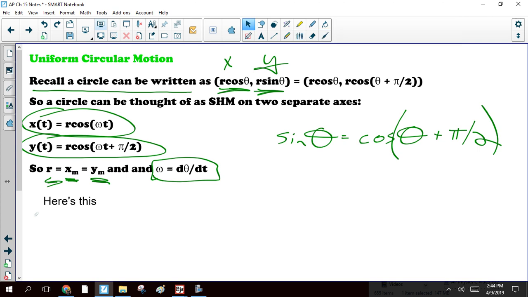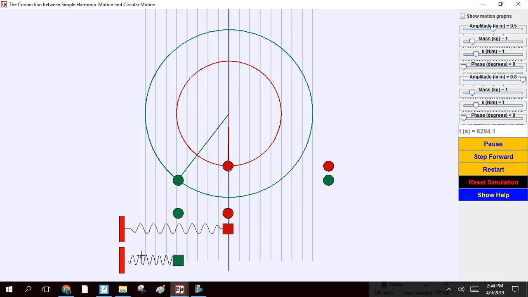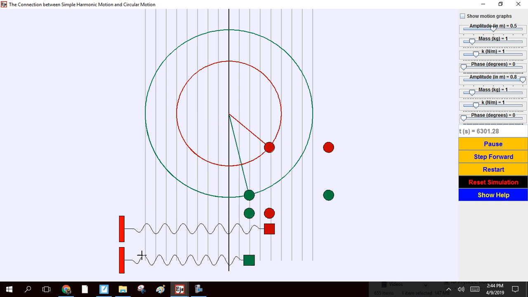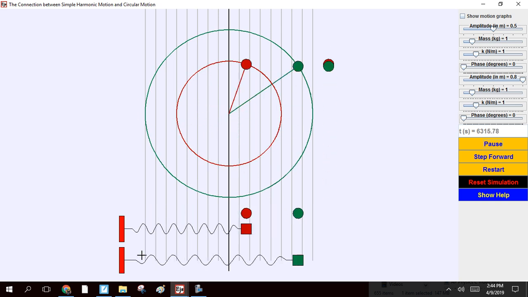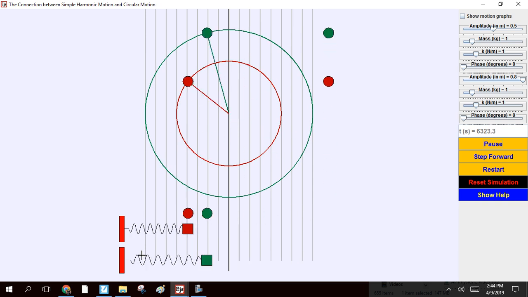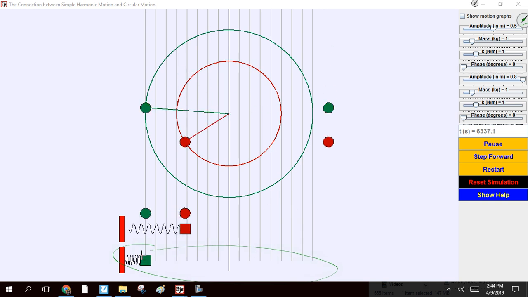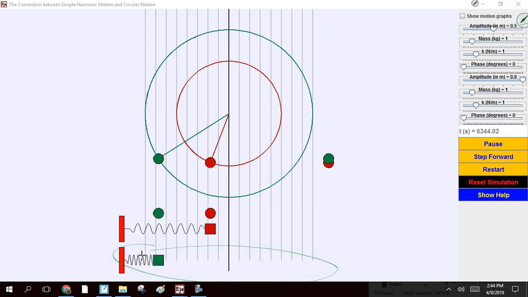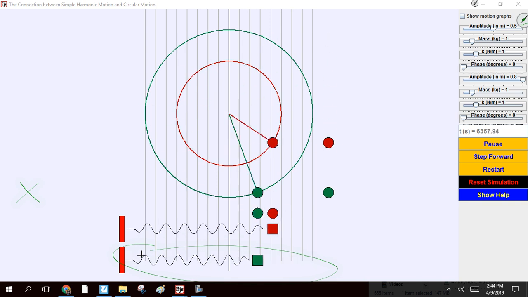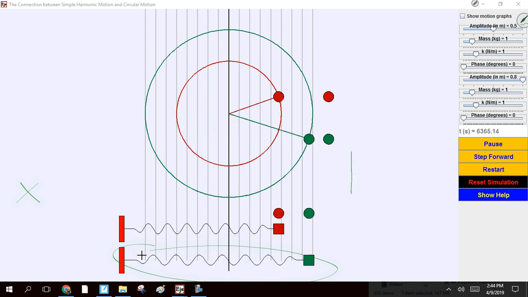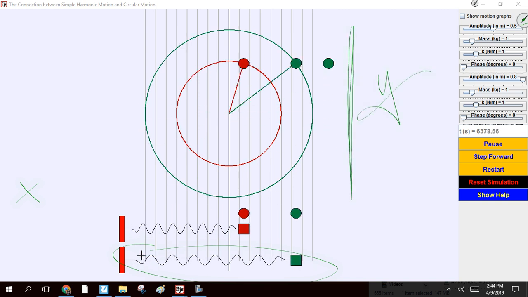If you need a visual, here it is. If you look at the green circle, the outer circle, you can see that down here, this green dot going back and forth above it represents the x motion at time t. And over here, this green dot going up and down represents the y motion.